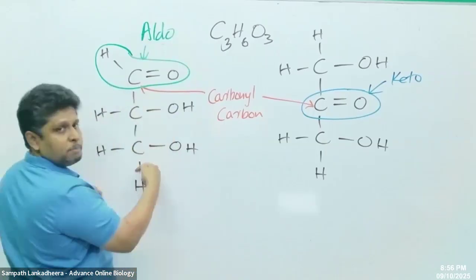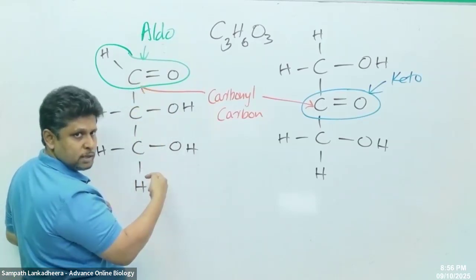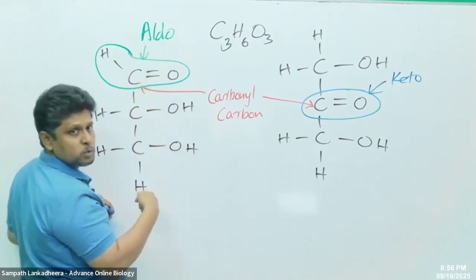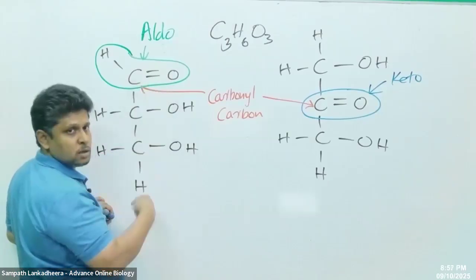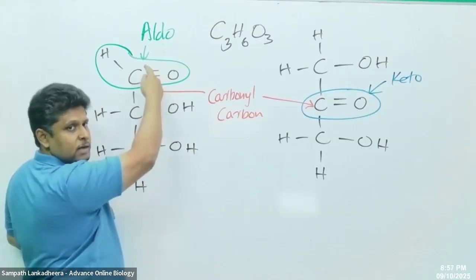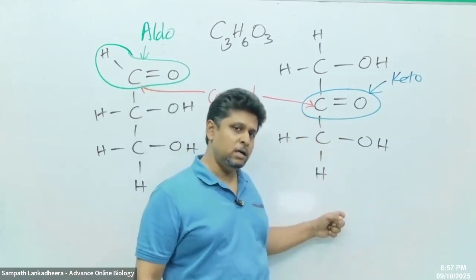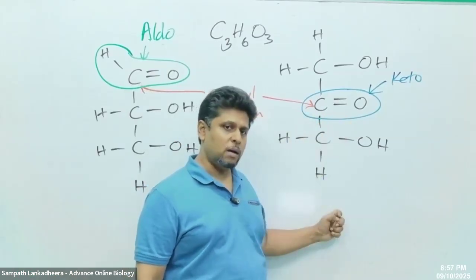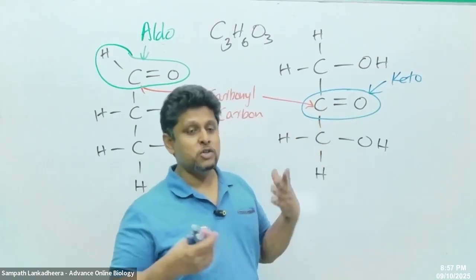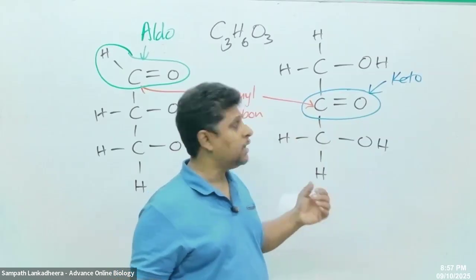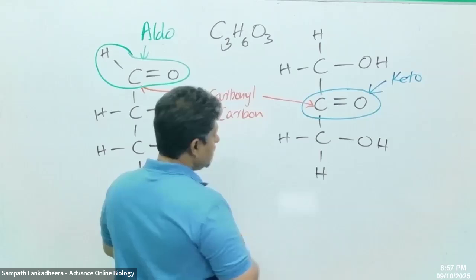So depending on the carbon number, how many? 3 carbon triose, and this is aldo. If 4 carbon is available, tetrose, aldose. 5 carbon, pentose, aldose. Same like that, 5 carbon and ketose, 6 carbon and ketose. So we have 2 groups of sugars: aldo containing sugars and keto containing sugars. What are the keto containing sugars?